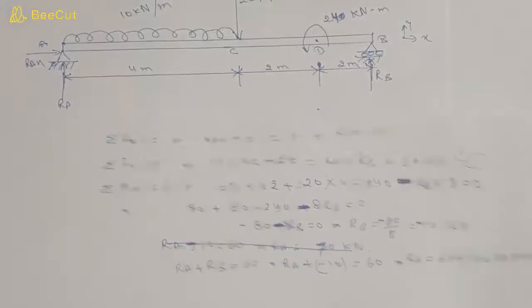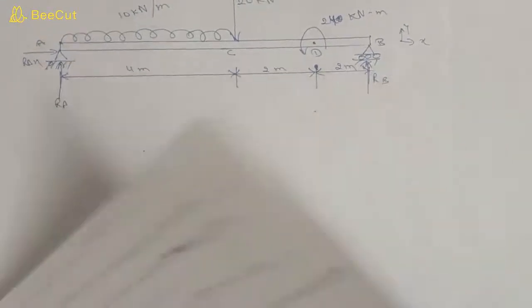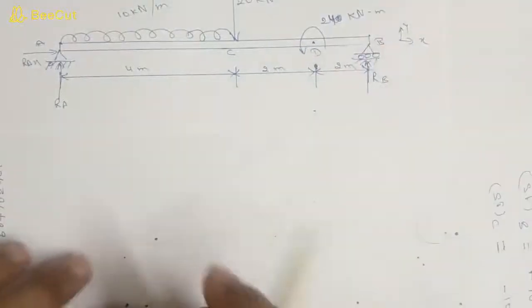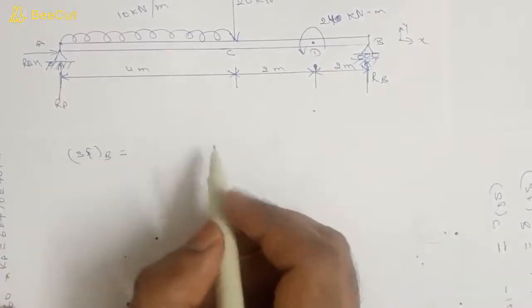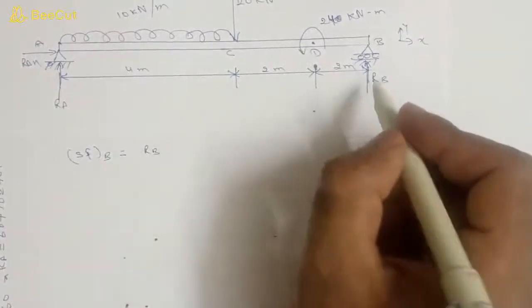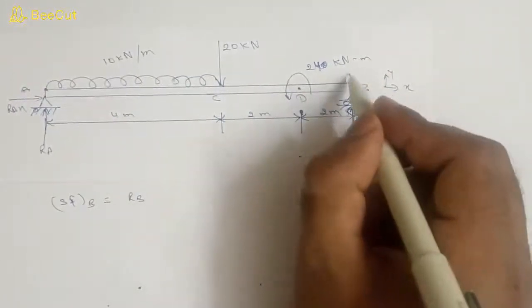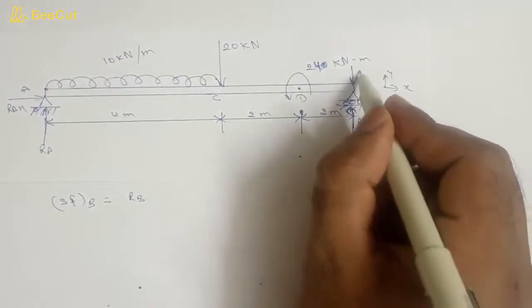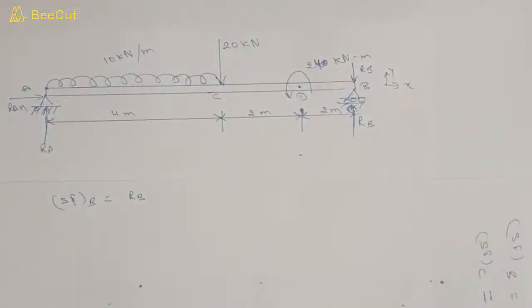Now we will find the shear forces at various sections. So let's find the shear force at section B. Shear force at B is equal to Rb. So you see that we got Rb is equal to minus 10 kilonewton. So we have shown Rb upward, but it will become downward because it is negative, minus 10.